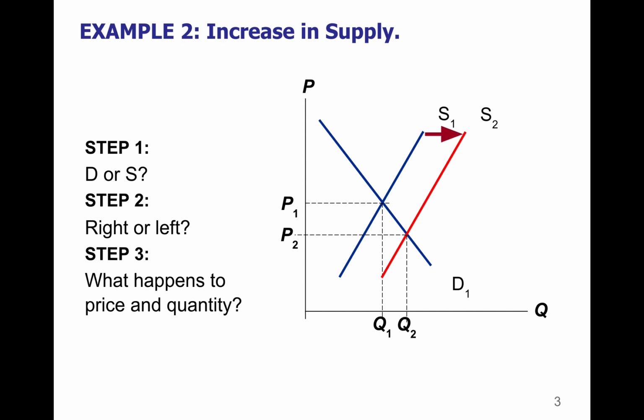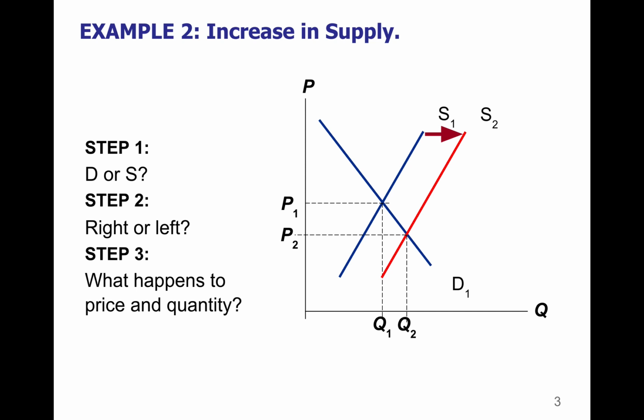But again, when we shift the entire supply line, the dot along the demand line shifted with it. So we're at a new quantity demanded. And that is how quantity 2 is both the quantity that's bought and sold. So when the supply goes up, the price of the product lowers, but we have more units that are bought and sold. If supply were to decrease and shift to the left, then we would get a higher price and a lower quantity.